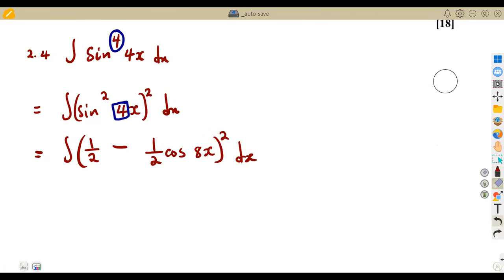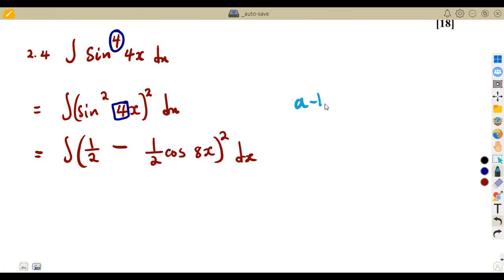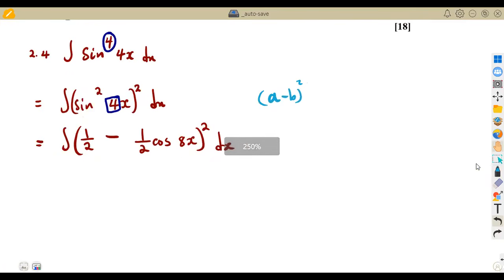I talked about the expansion of these two, the squared, from the identity of a minus b squared. Remember, I said you're supposed to know it by heart. At least if you understand this, it's going to be easier for you. This is going to give us a squared minus 2ab plus b squared.